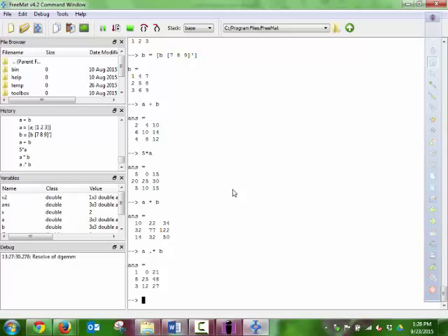There are two types of multiplication in MATLAB. There's A times B, and there's A, and then here's a dot times B. What do you think about those two operations? Can you tell me what's going on here? Can anyone identify either of them?